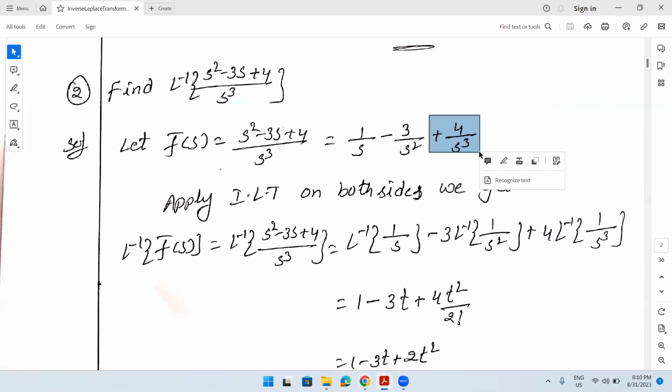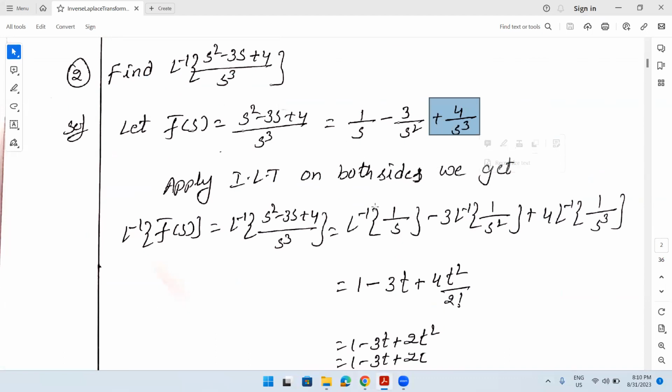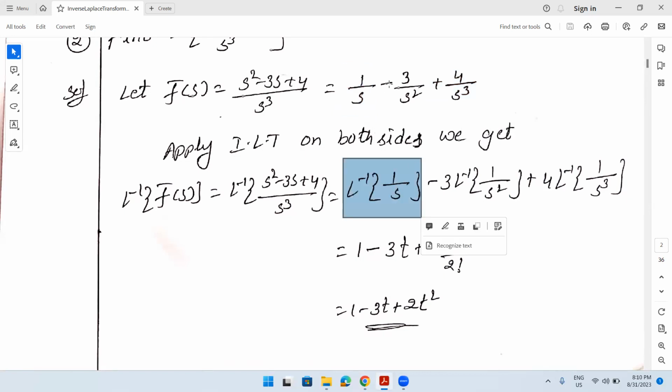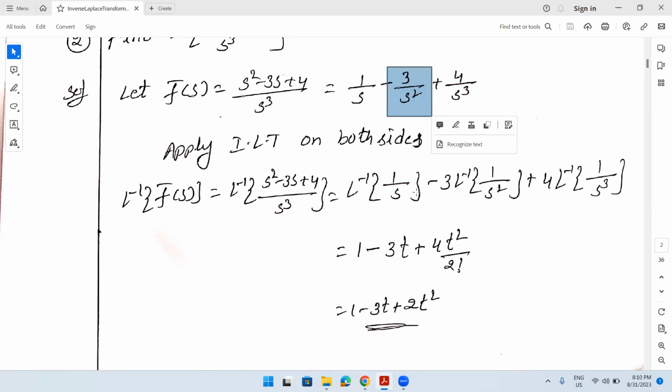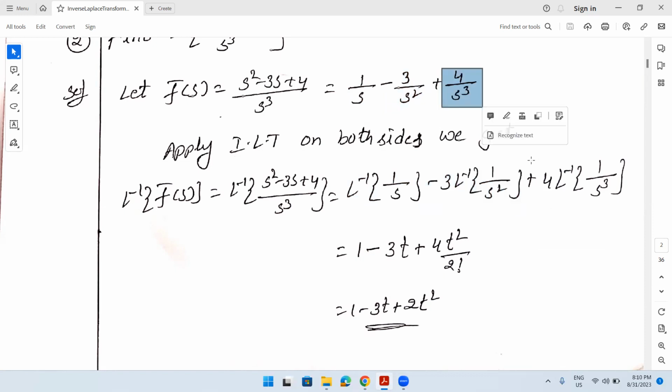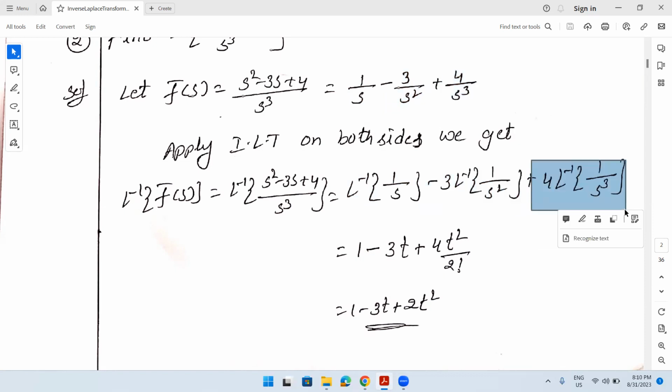Here also we apply the linear property. Using the linear property, we get L inverse of 1 by s, minus 3 outside L inverse of 1 by s square, and plus 4 outside L inverse of 1 by s cube. We can take constants outside and separately take L inverse of these three different terms.